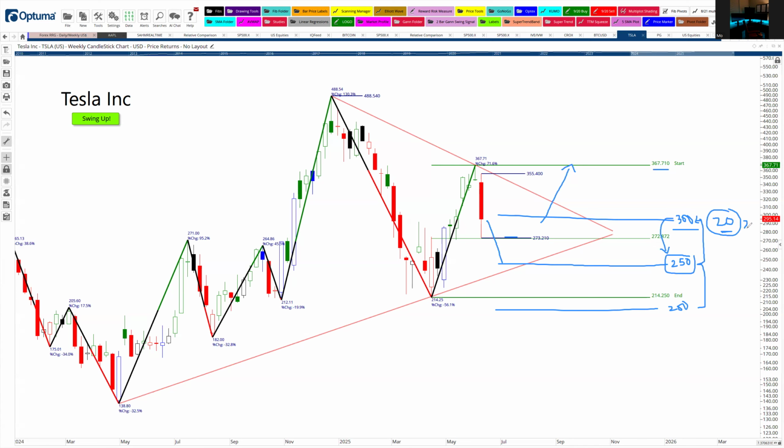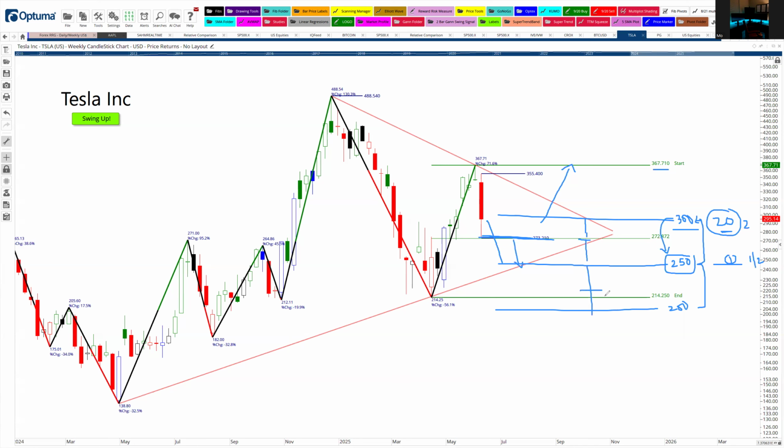Let's say you have two here, you can buy one or you can buy two more. You can just buy one more. What do you think your entry is going to be? Your entry is going to be right in the middle. Now your entry is 275.